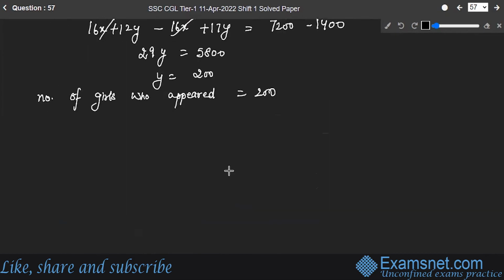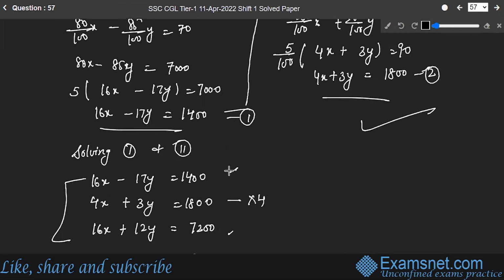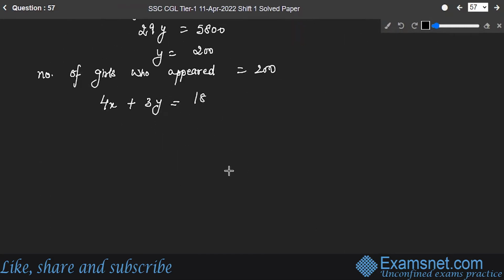Okay, let's fill in. So I'll use 4x plus 3y is equal to, I think, 1800, right? So 4x plus 3 into 200 is equal to 1800. 4x is equal to 1800 minus 600, which is 1200, or x will be equal to 300.